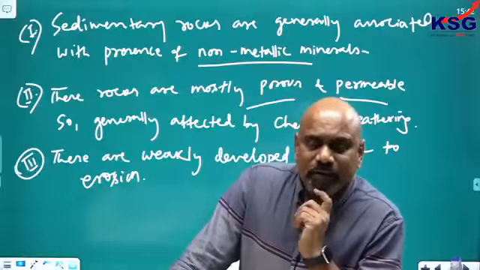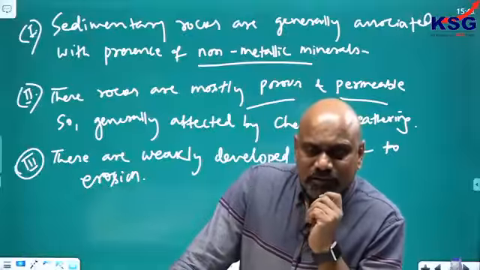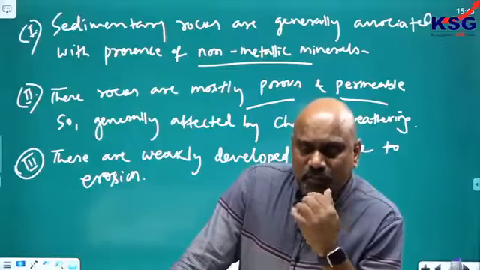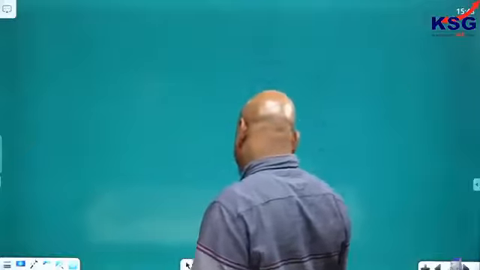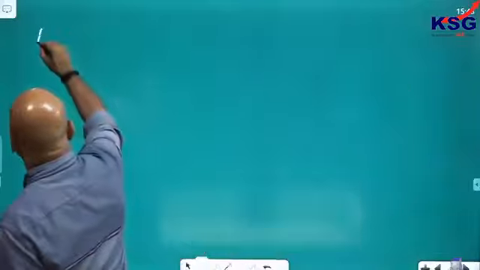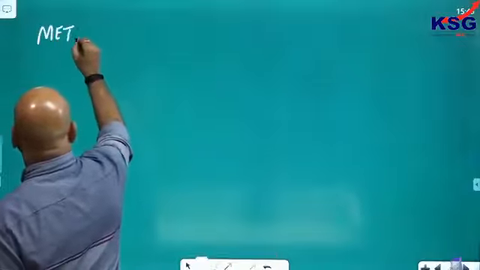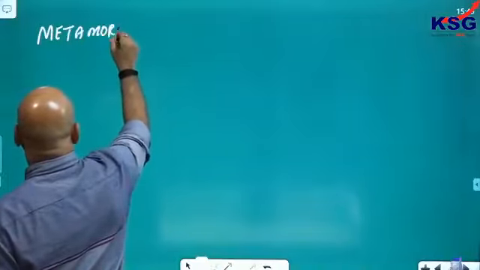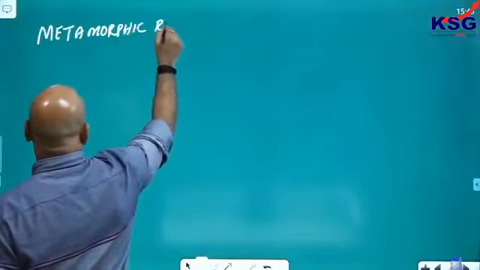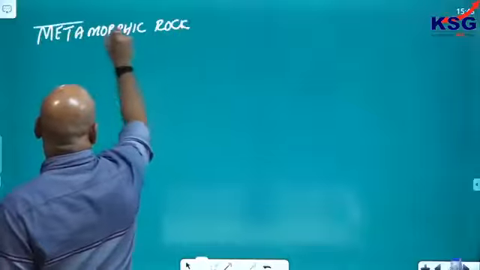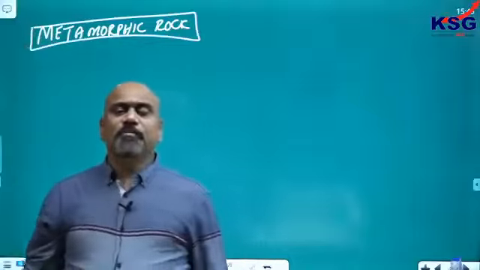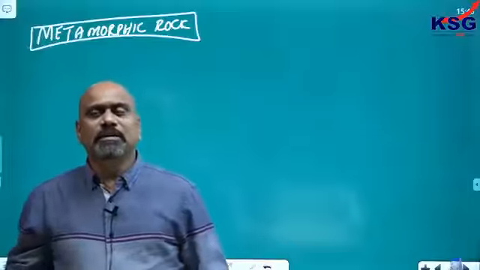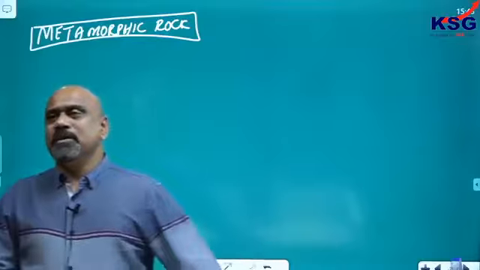Okay. Now we have another one, the third type of rock, which is metamorphic rock. Very nicely given in your NCERT book. If you have studied, it has given what is metamorphism.